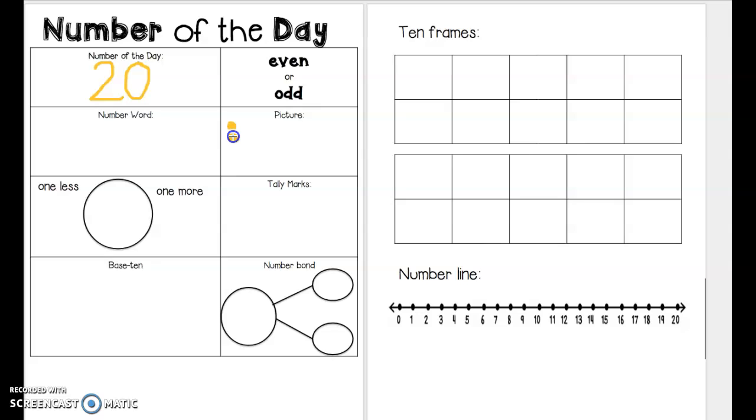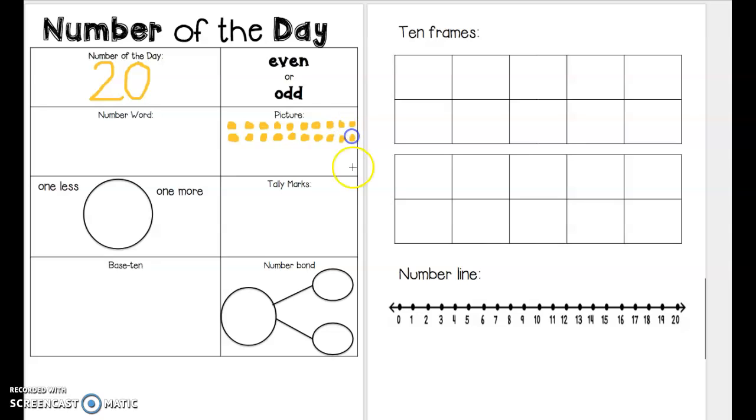So here's 2, 4, 6, 8, 10, 12, 14, 16, 18, 20.